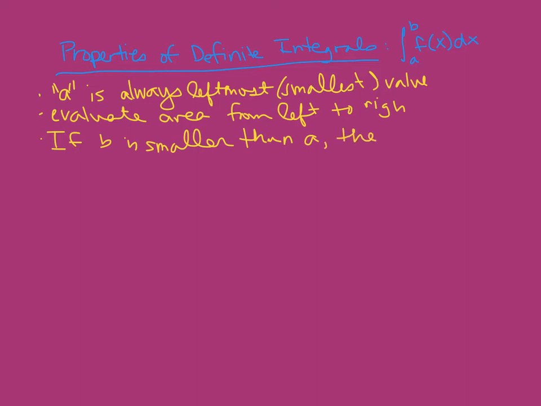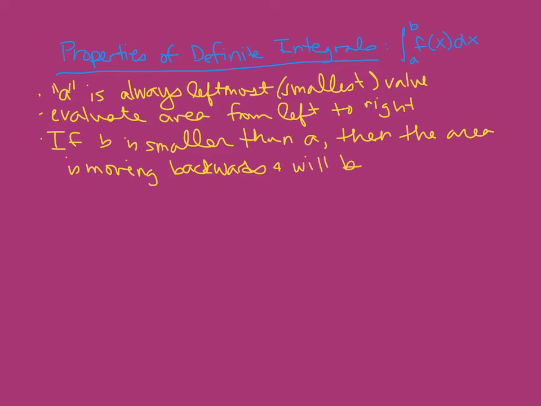If b is smaller than a, because we always evaluate from left to right, it's kind of like we're moving backwards. And when we move backwards, that means we're going to have a negative. It's the best way I can think of to explain it.